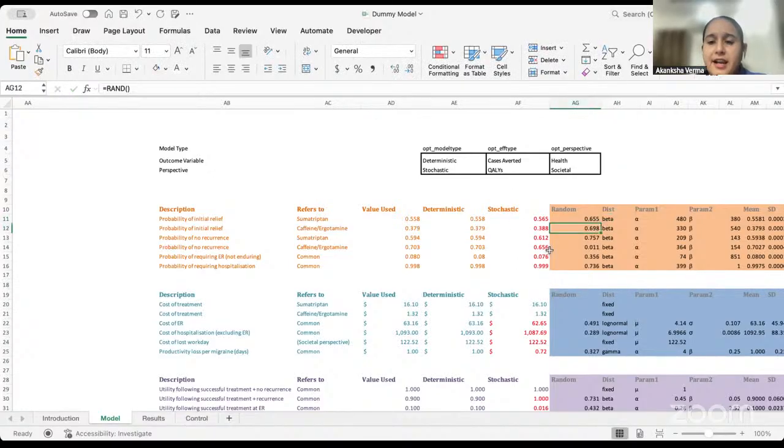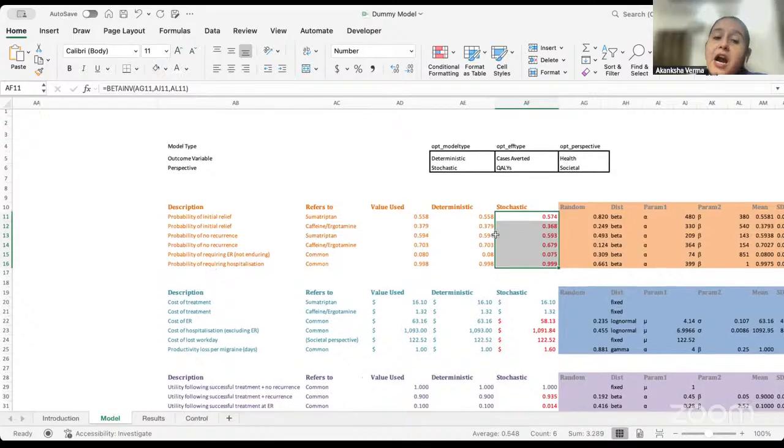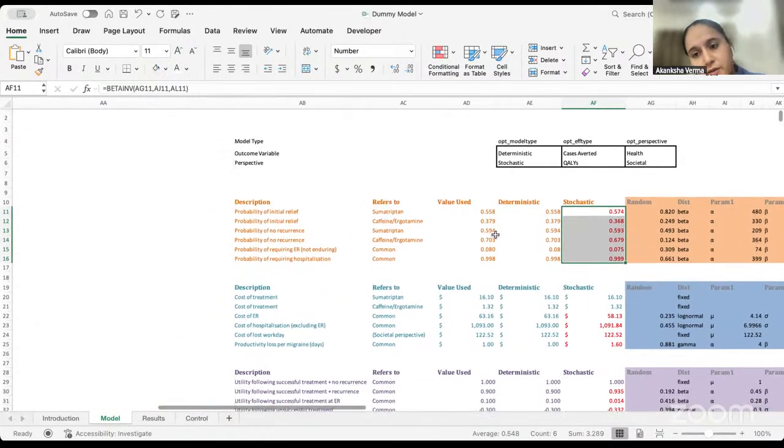Every time I click enter, you can find these values are changing, which means our inputs going into the model will change, and based on that, our final results will change.